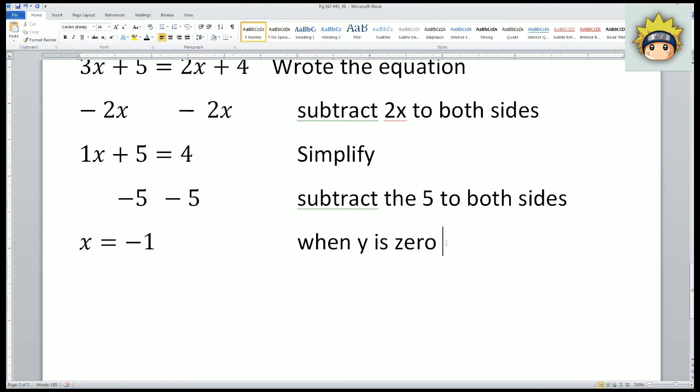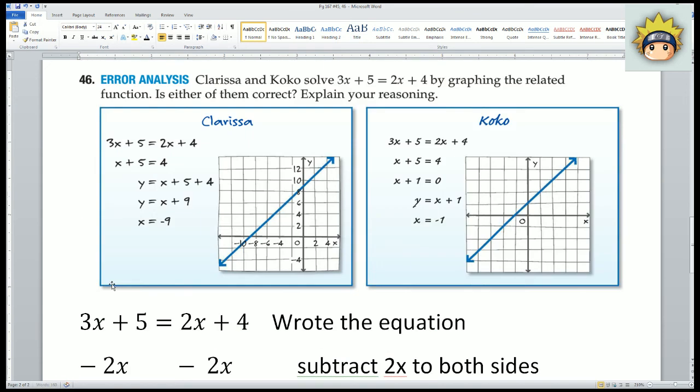So the x-intercept is negative 1 comma 0. The only one that has negative 1 comma 0 is Kale. That is why I believe Kale did it correctly. Krista here did it wrong. Okay, and that is your homework solution for page 167, numbers 45 and 46.